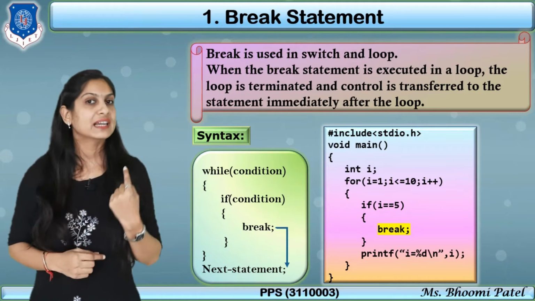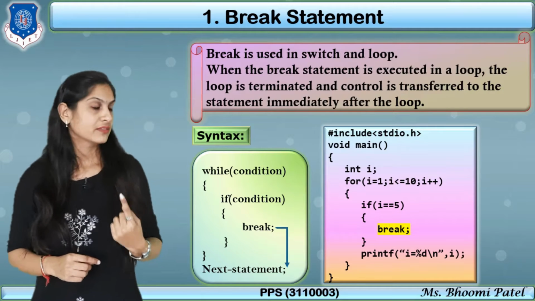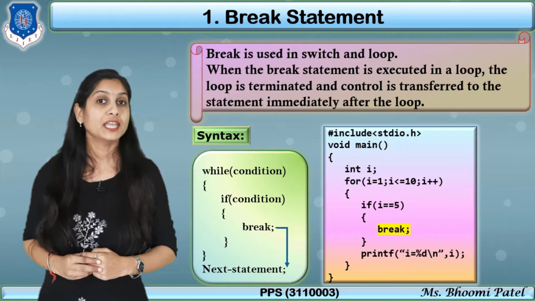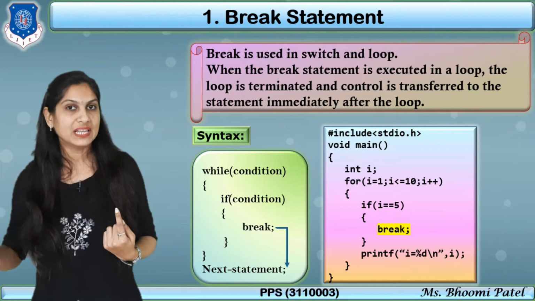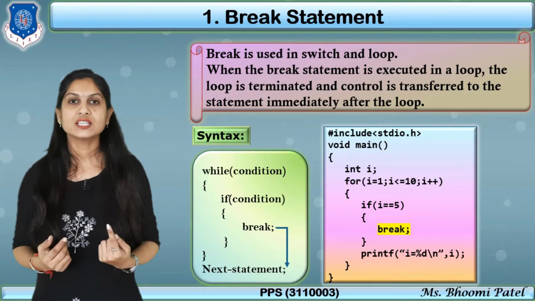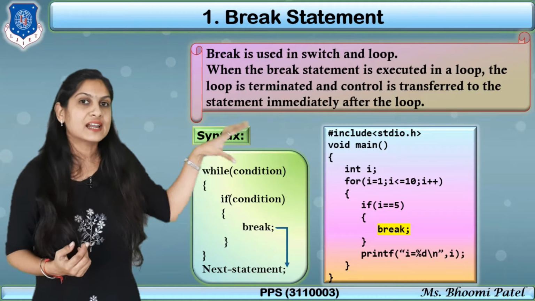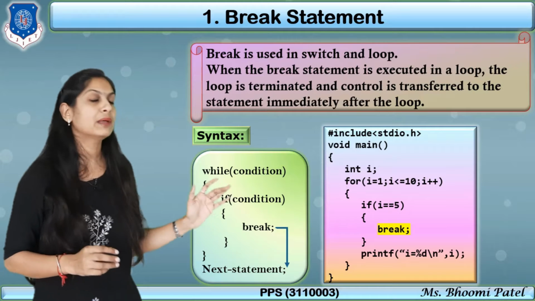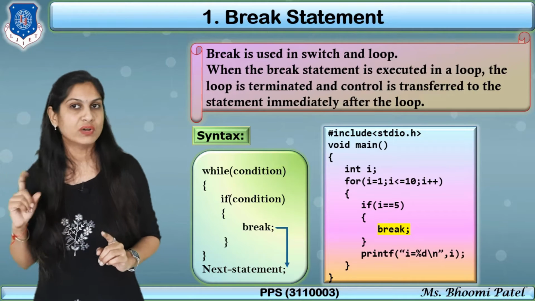Check the condition, 1 is less than 10, yes. Then go inside the for loop and check the condition in the if, that is 1 equals 5. No, the condition is false, so we do not go inside the if part, break is not executed, and we simply print the message i equals 1.